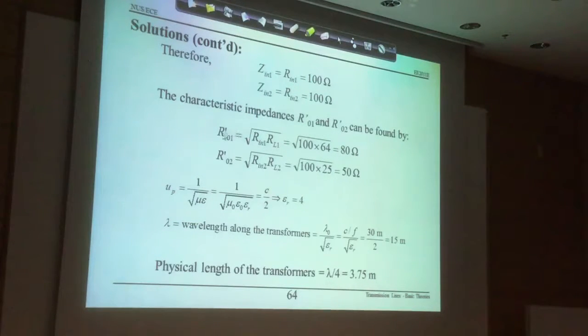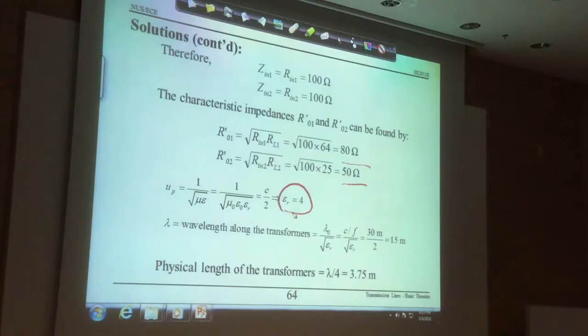The characteristic impedances of each section are 80 and 50 ohm. Also we mentioned the epsilon r is 4. Now the wavelength is based on this equation. This is very important, right? If you use the free-space wavelength, then it's not great.